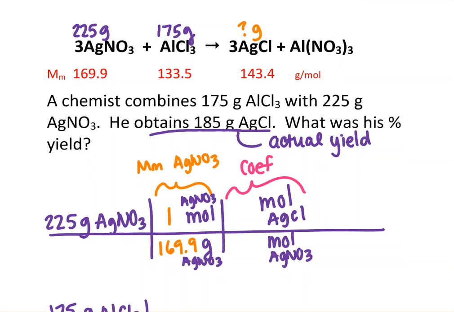Silver nitrate has a 3. And silver chloride has a 3. Okay, and like I said, since our actual yield is in grams, we're going to convert all the way to grams with this so that we can get the percent.